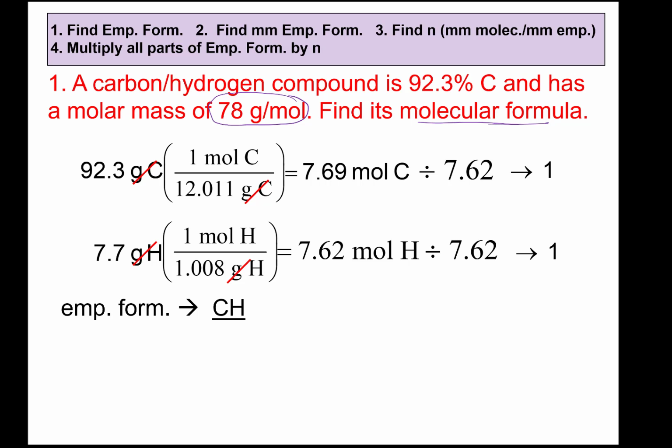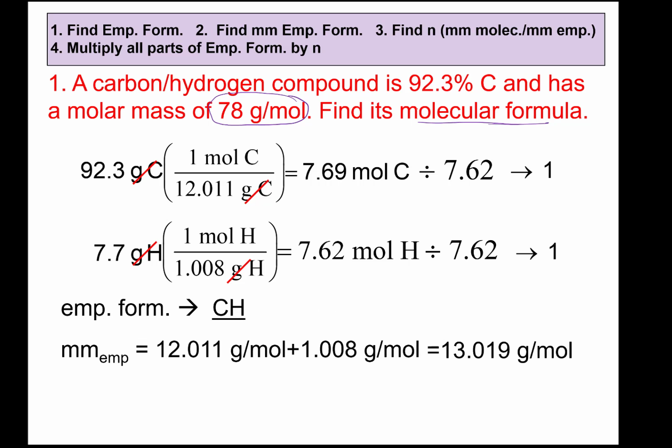Step 2 at the top of the screen, find the molar mass of the empirical formula. So carbon is 12.011 grams per mole, hydrogen is 1.008 grams per mole. When you add them together, you get 13.019 grams per mole. So that's the molar mass of the empirical formula. Let's find N, which is the molar mass of the molecular formula over the empirical formula.